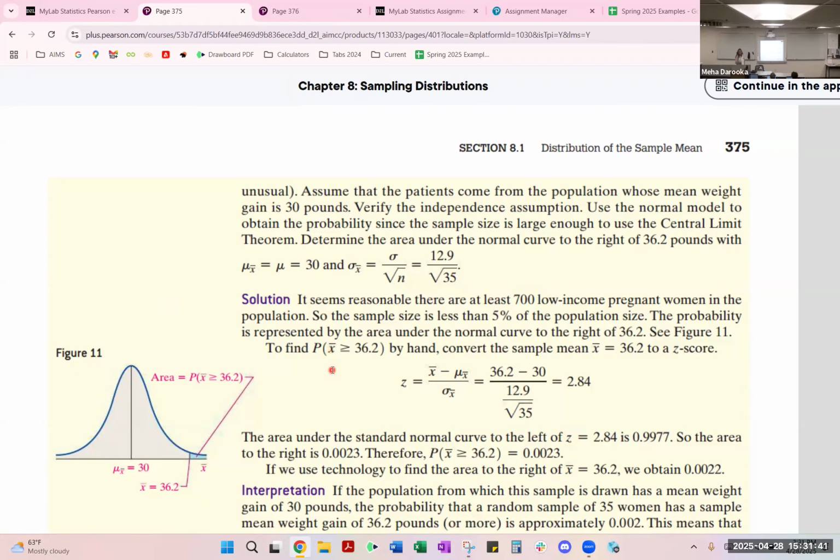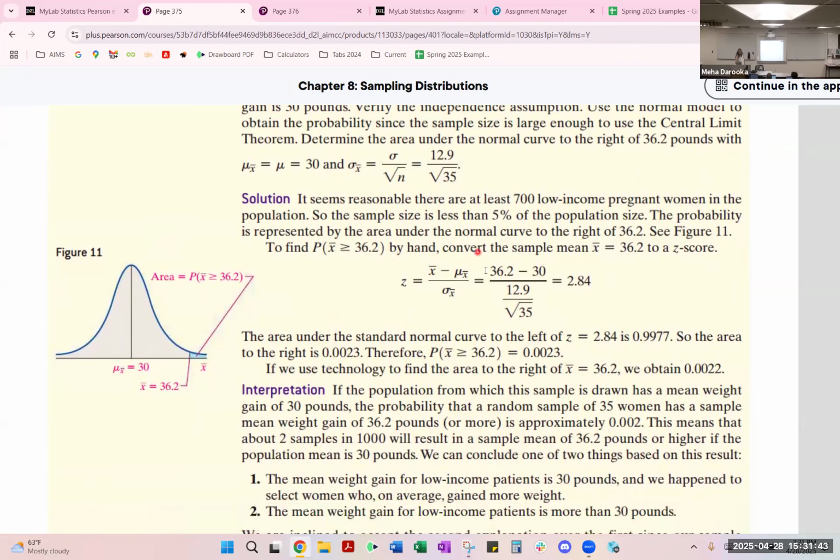Here we're saying it seems reasonable that there are at least 700 low-income pregnant women in the population, so the sample size is less than 5% of the population, because we're only using 35 as our sample size. For the probability of our sample mean being greater than or equal to 36.2, you can see they're going through the Z-score calculation, which comes out to a value of 2.84.